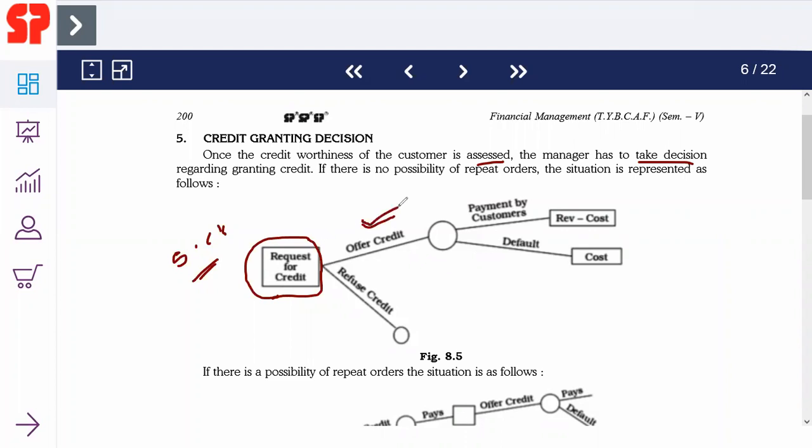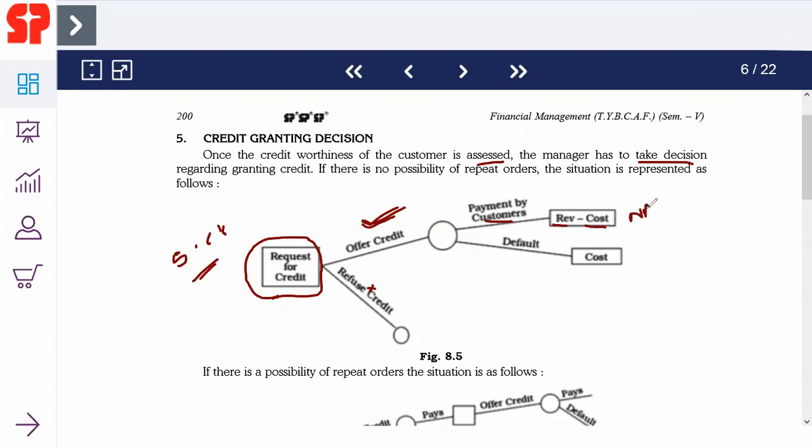Either you can offer the credit, if your company policy is allowing you to offer the credit, or you can refuse the credit also, if you are not satisfied with the customer's profile. Looking at the 5 C's, if you find that there are some issues in the customer, you can refuse the credit and straightaway say no. Suppose if you offer credit, then there can be 2 possibilities again. The customer will pay the amount, then there will be revenue minus cost.